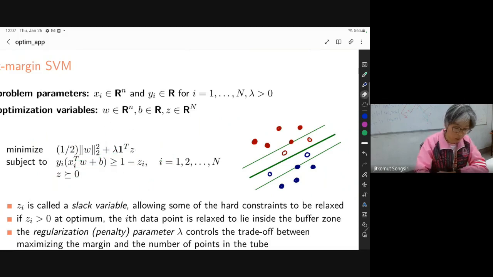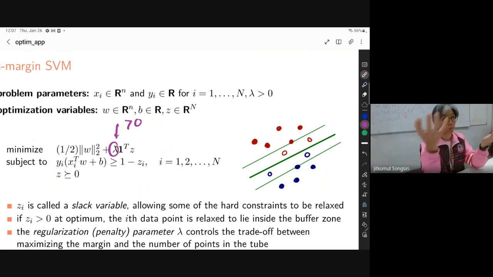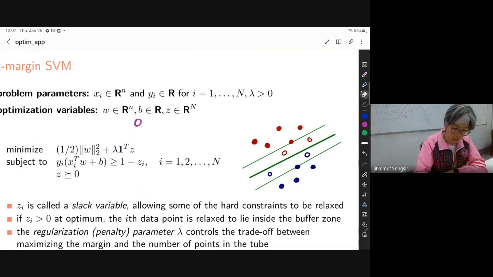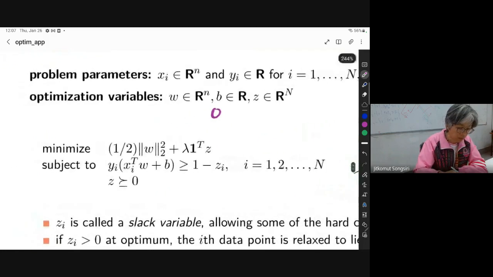Now you put the lambda here, which is a non-negative value, to set the degree to which you want to pay attention to the misclassified points or not. Now we're going to end this lecture. In terms of optimization, what are the variables?